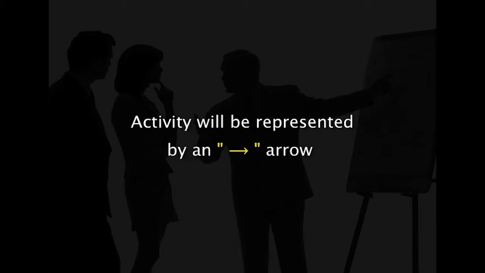Activity will be represented by an arrow. The length of arrow has no significance. The head of an arrow indicates the successor activity or the activities. The tail indicates the predecessor activity or the activities. Every activity lies between these events.